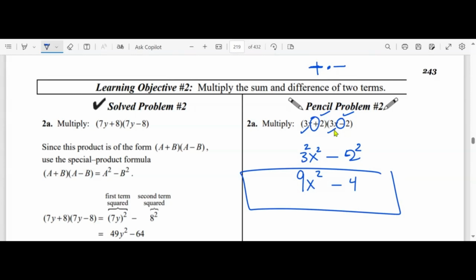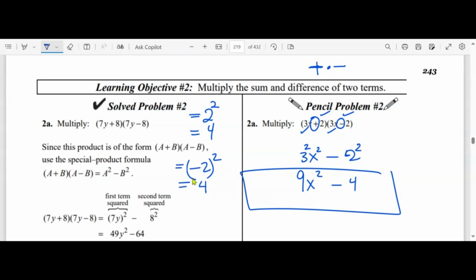Because 2 to the power of 2 minus 2 to the power of 2 equals plus 4. If you have it like this, it's different than like this. This one is 4, but this one is also 4, but they are different.